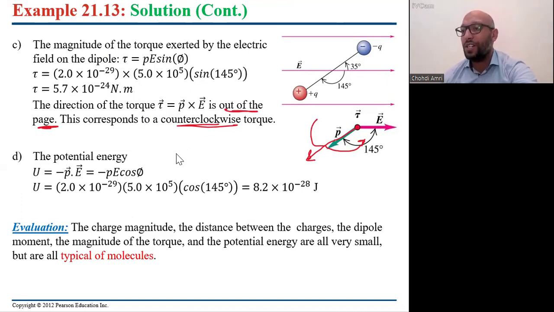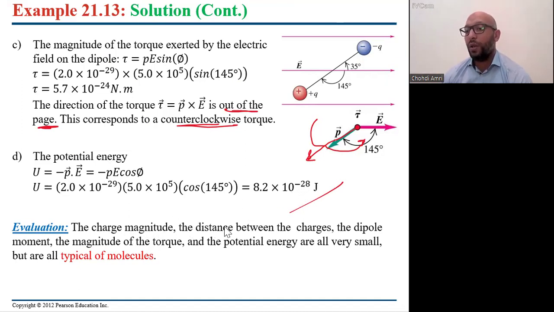Now the potential energy. As I said, it's minus P dot E, which is equal to minus PE cosine phi. P is 2 times 10 power negative 29 from the previous question, E is 5 times 10 power 5, and phi is 145. So we get the potential energy to be 8.2 times 10 power negative 28 joule.